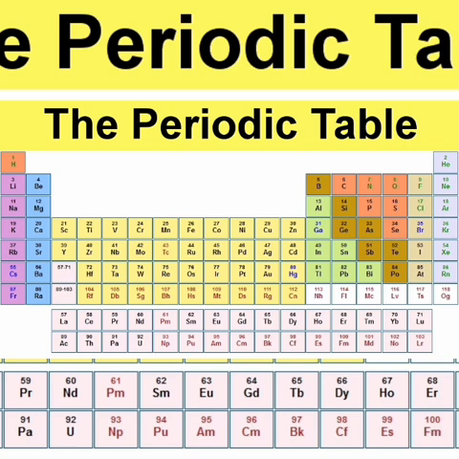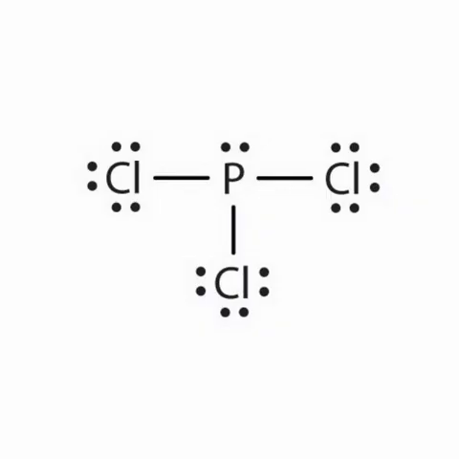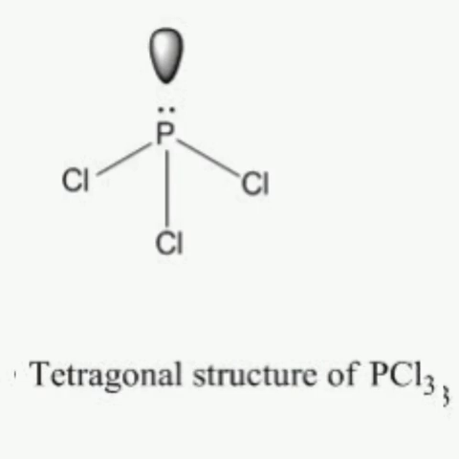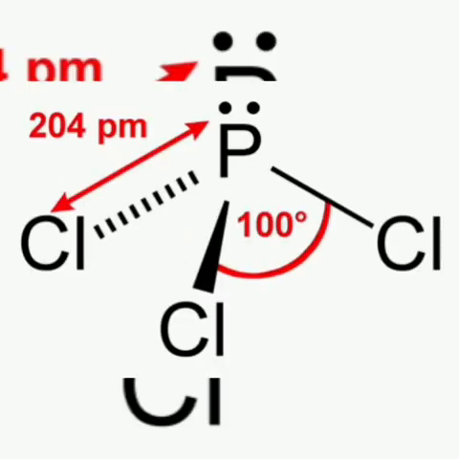Today we are going to discuss Unit 3, P block element 2, phosphorus trichloride and also phosphorus pentachloride. How is phosphorus trichloride prepared, its preparation, properties and uses. Next, phosphorus pentachloride: preparation, properties and uses.